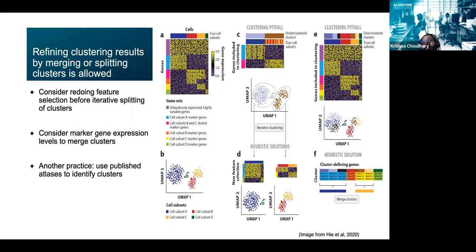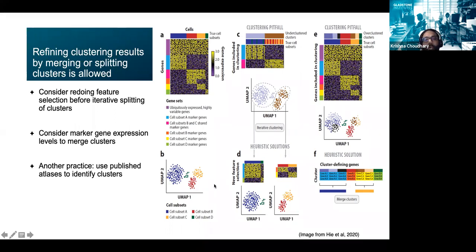Now if you tune the resolution parameter, then it will impact all of your analysis. Instead of that, what you can do perhaps is look at one specific cluster, take its cells, and do another iteration of clustering on just this subset of cells.